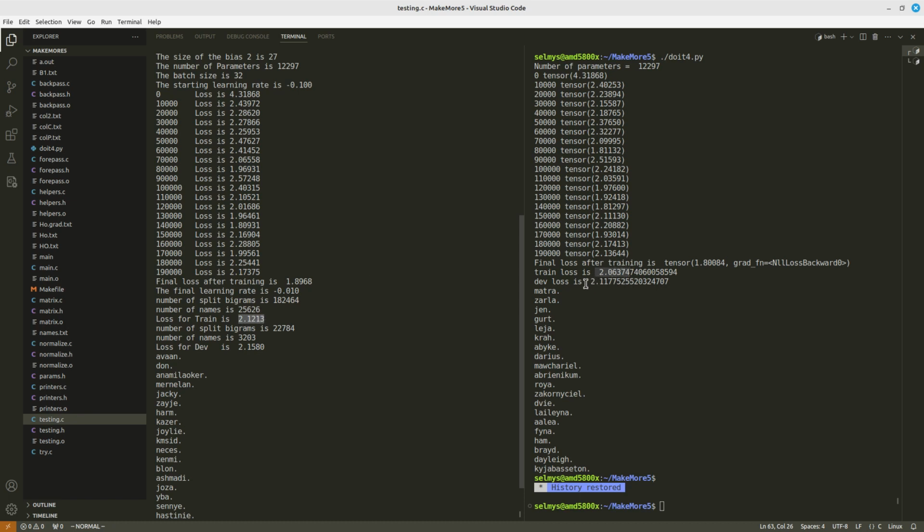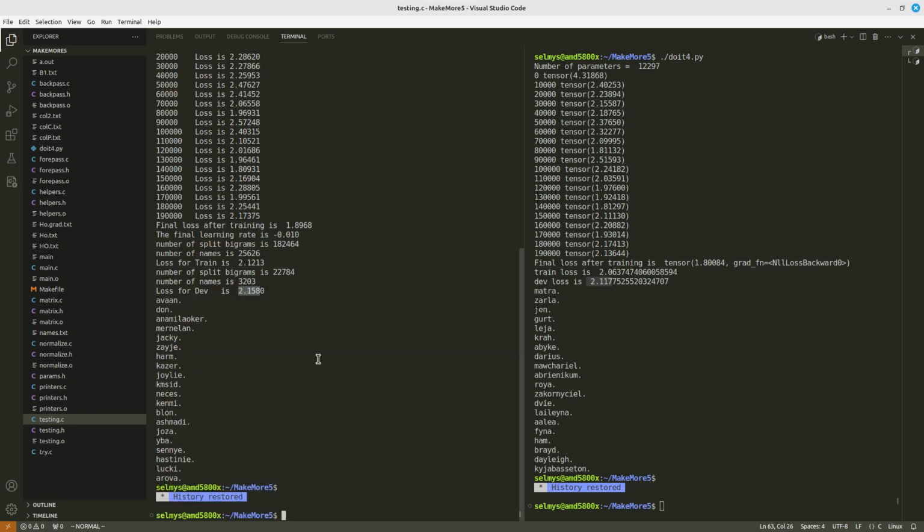And then the development loss is 2.11 for the Python program. Mine is 2.15 for the C program. And my names, of course, are different than the names in the Python program. Nevertheless, I think my names are probably just as valid as the names in the Python program. They look just as good.